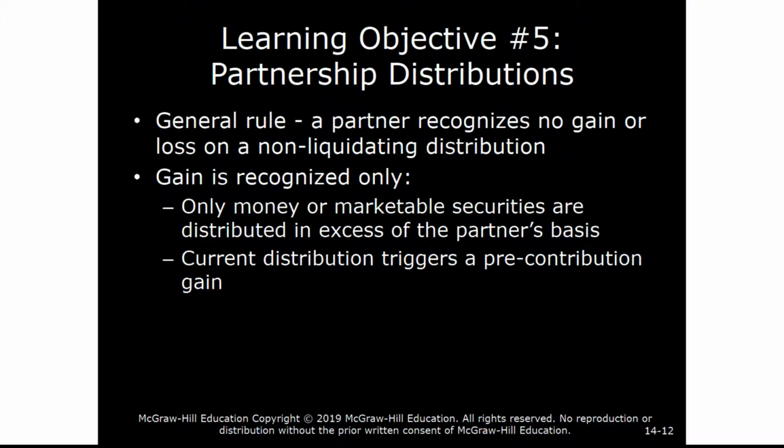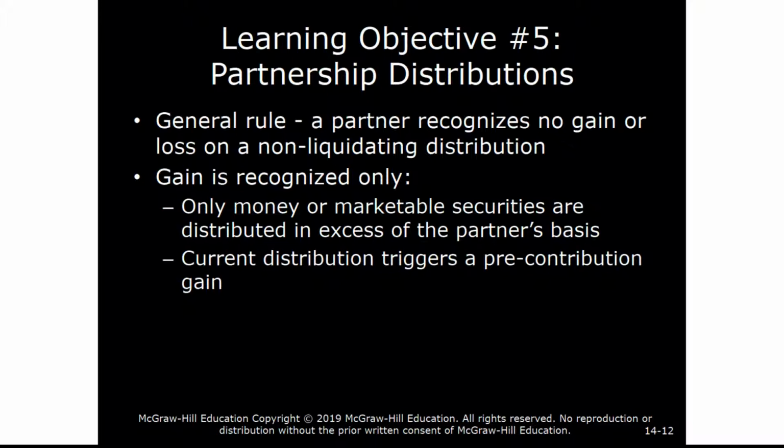And what this means is if a partner contributes an asset to a partnership and its fair market value is greater than its basis, it will only contribute to the partner at basis, and its capital account, for example, will only be increased by the basis. And then this pre-contribution gain is just not recognized.